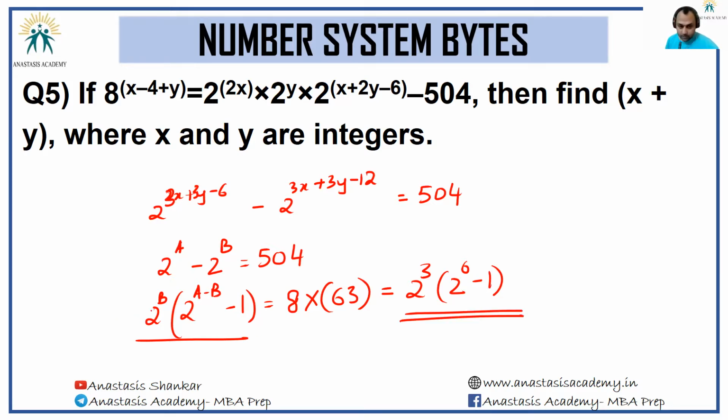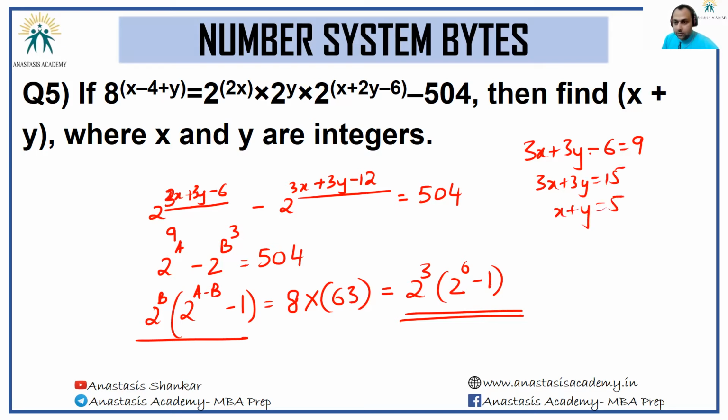Can you see b is 3, and a is 9? So we now have precise values for these expressions also. So 3x plus 3y minus 6 is equal to 9, or 3x plus 3y is equal to 15, or x plus y is equal to 5.